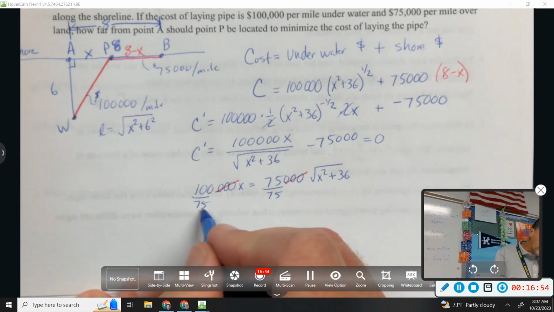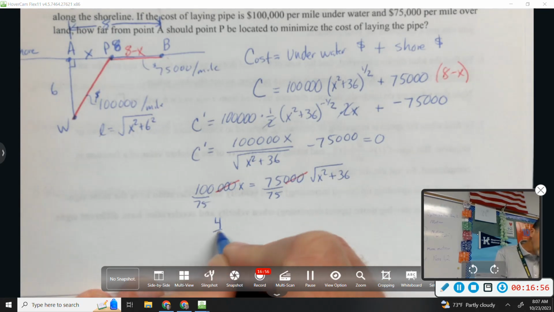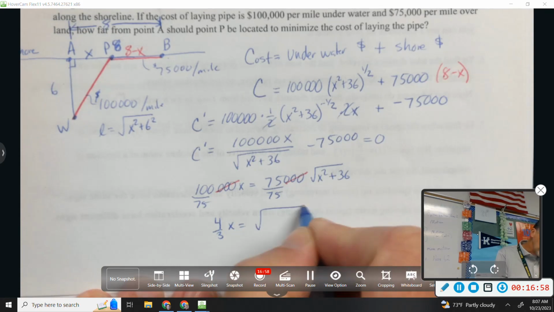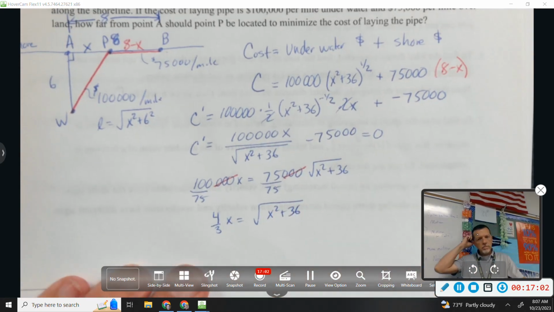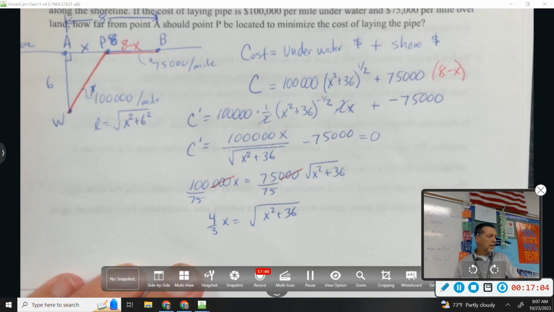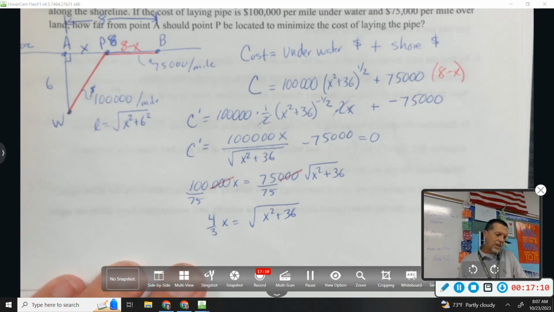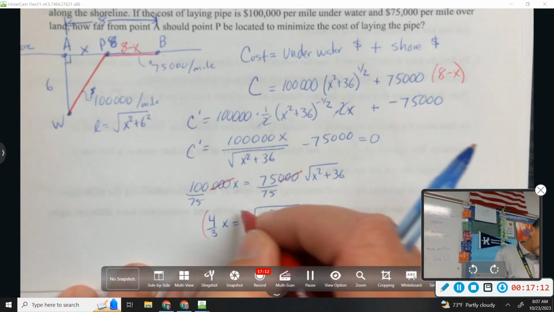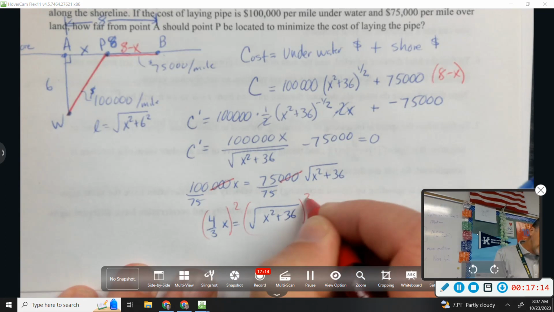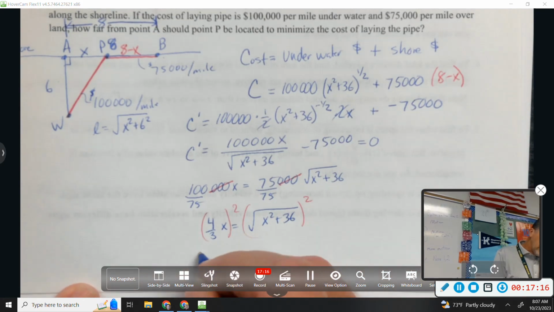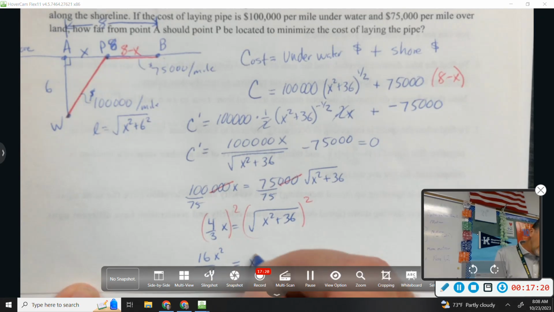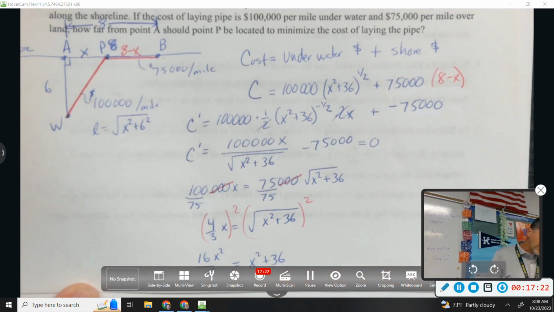So not perfect, but reducible anyway. 4/3 x equals square root of x squared plus 36. What do you want to do next? Algebra all-stars. Square both sides. Let's see, that's 16x squared over 9 equals x squared plus 36.